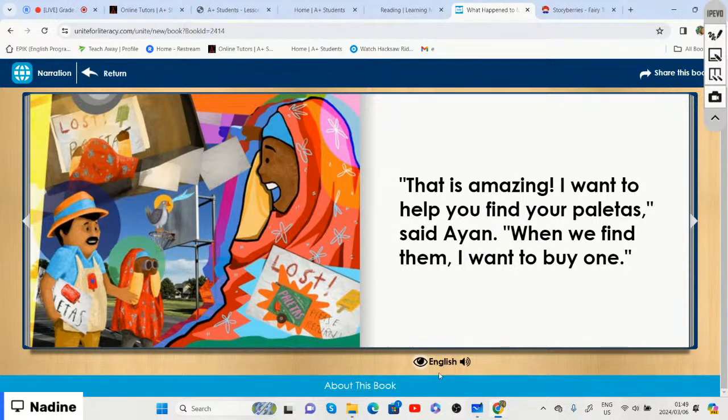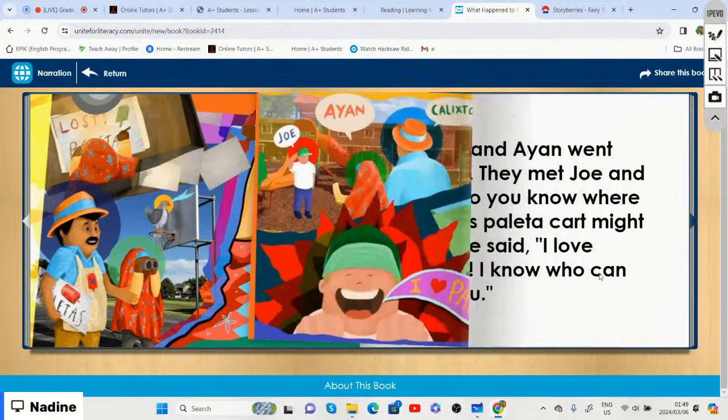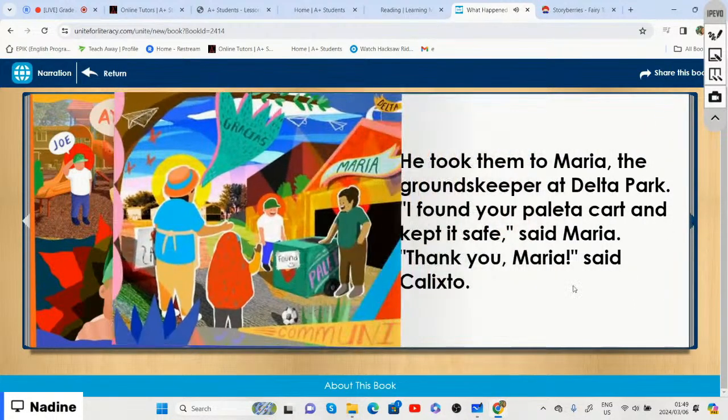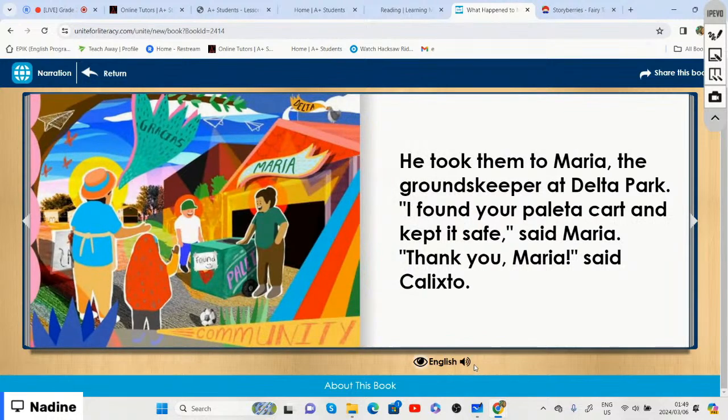All right. Calixto and Ayan went looking. They met Joe and said, Do you know where Calixto's paleta cart might be? Joe said, I love paletas. I know who can help you. He took them to Maria, the groundskeeper at Delta Park. I found your paleta cart and kept it safe, said Maria.